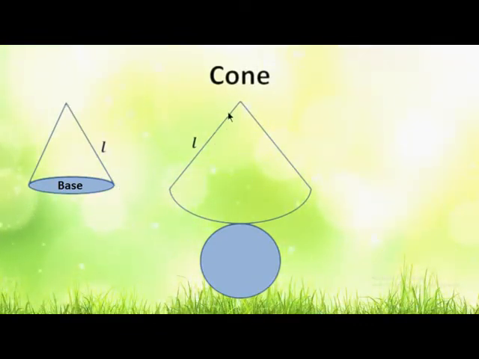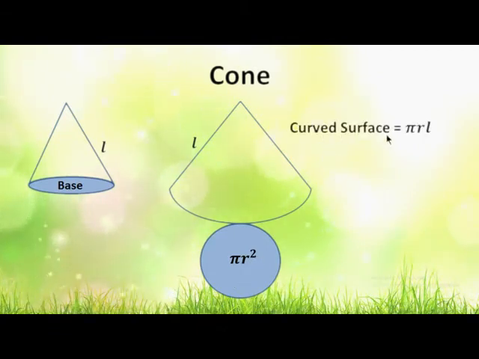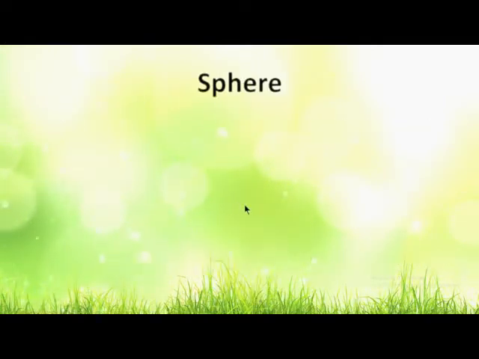So the area of the circle is pi r square. The curved surface is pi r l. So the surface area of the cone is pi r l plus pi r square. This is where this formula comes from.